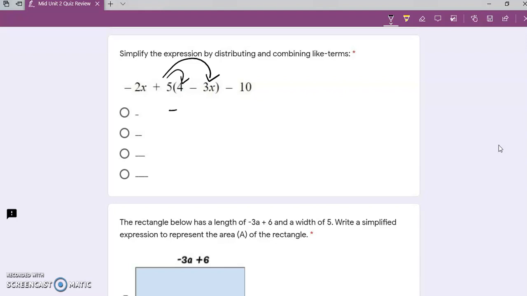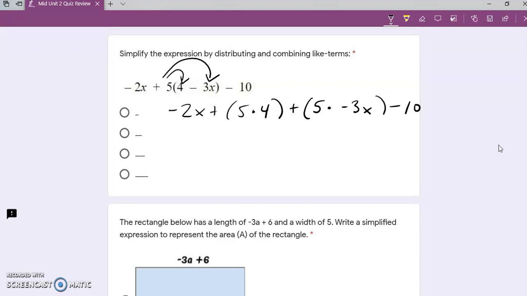So let me rewrite my equation. Negative 2x plus 5 times 4, so that's one part, plus 5 times negative 3x, and then minus 10.